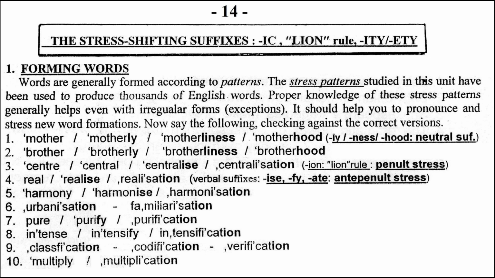Good. We move to the next line, which is line 9. We have the word classification. Primary stress is on the penult, on K, because of the -ion suffix. For the secondary stress, we count the number of syllables before the primary.